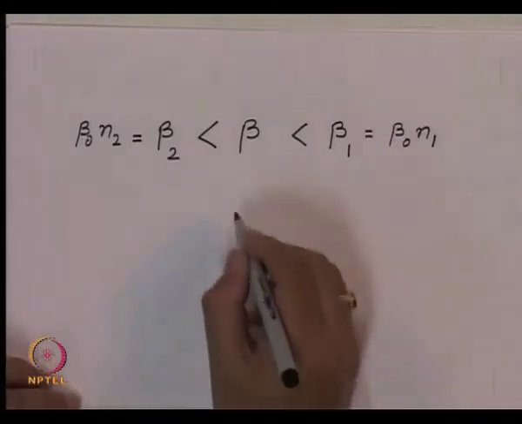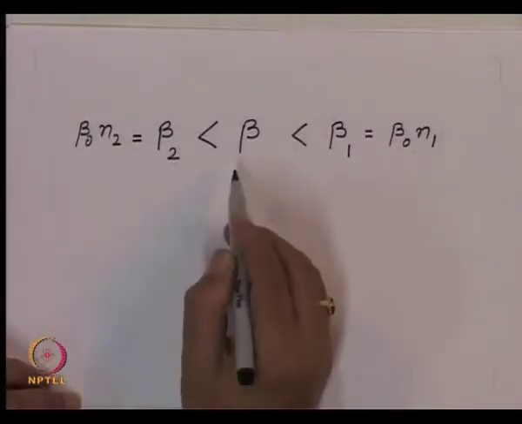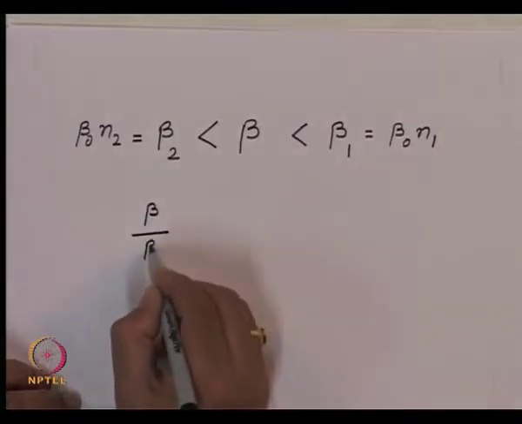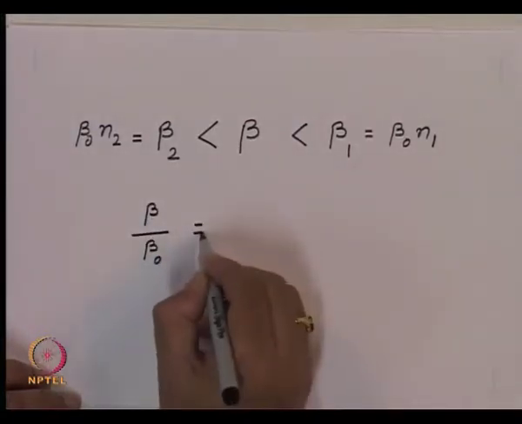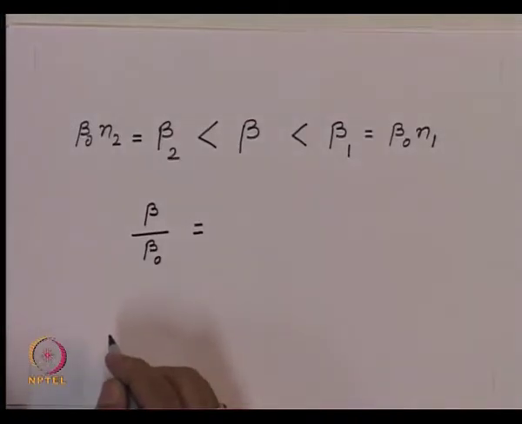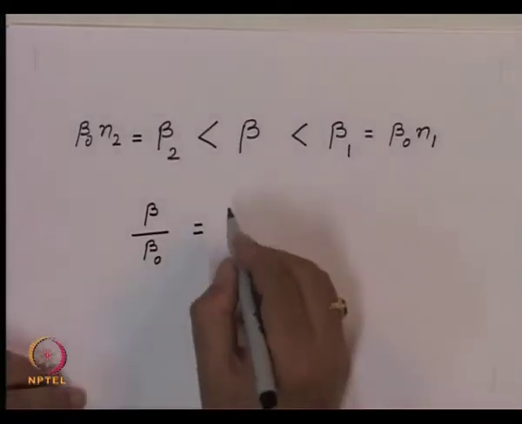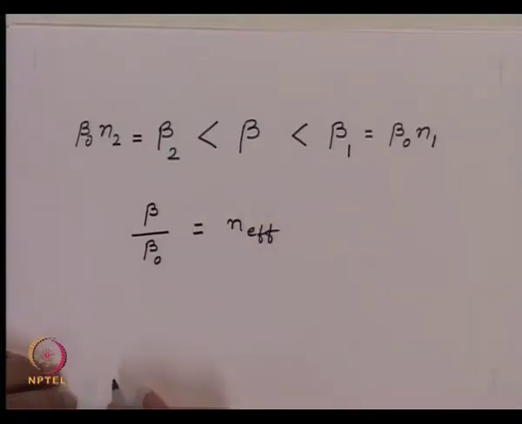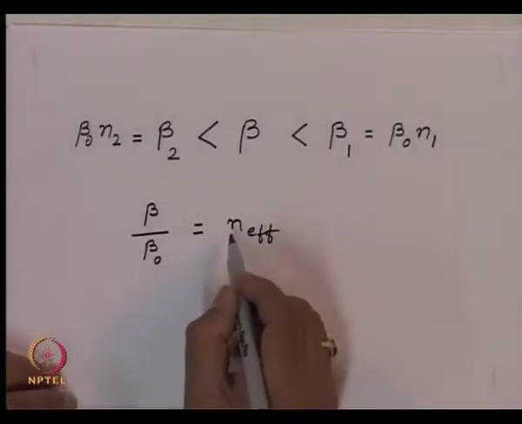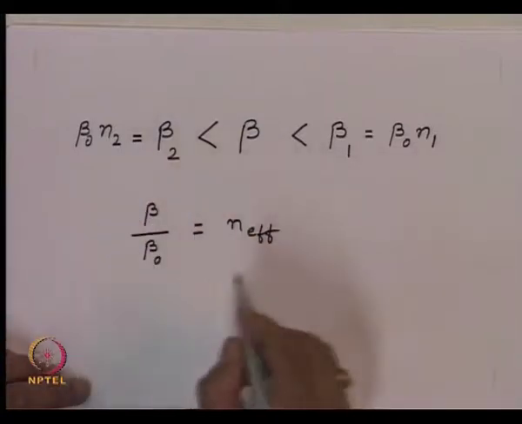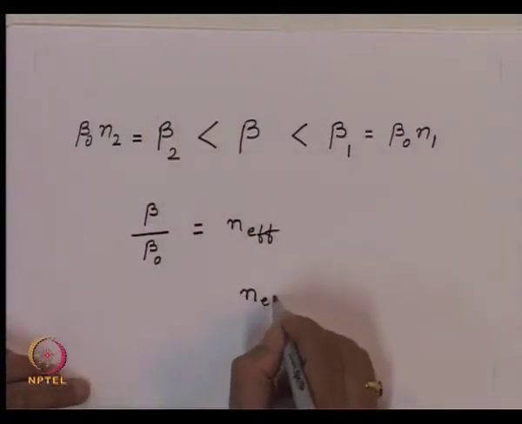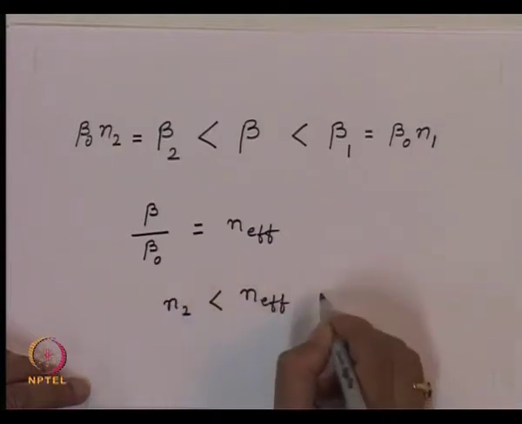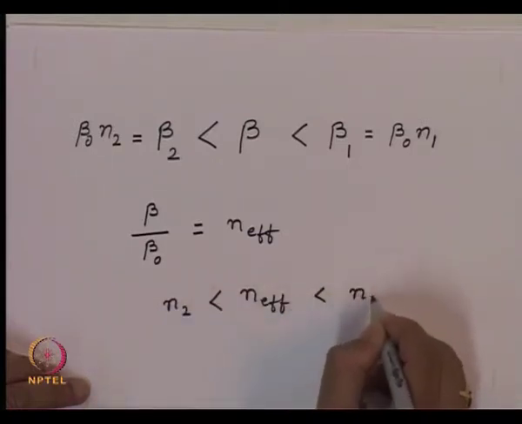So essentially we can say that if I define this quantity beta divided by beta naught as what is called the effective refractive index of the modal propagation, let us say this is n effective, then the n effective would lie between n1 and n2. So its lowest value will be n2 and its highest value will be n1.